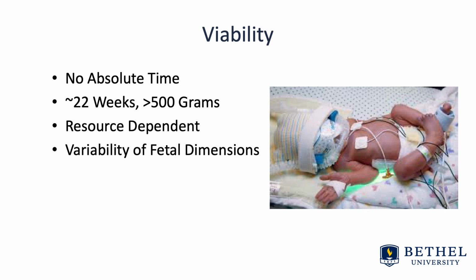Speaking of variability, the fetal dimensions get really difficult to assess later on. When we were looking in the embryonic stage, a baby that measures this many millimeters is probably this many weeks, whereas as you get into the fetal stage, then you have babies that are genetically more likely to be bigger or smaller based on parental stature and things like that.